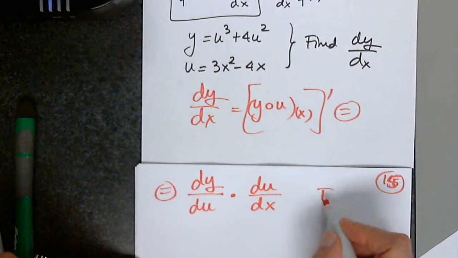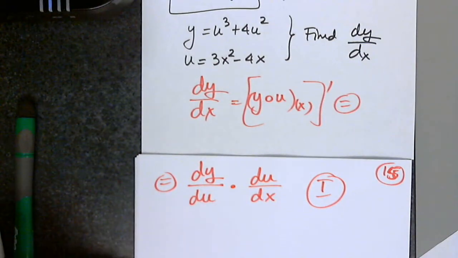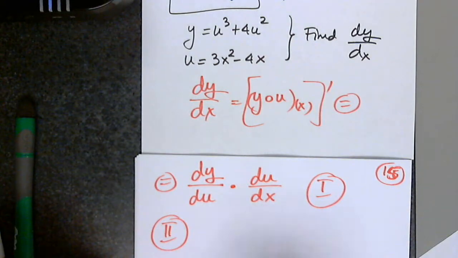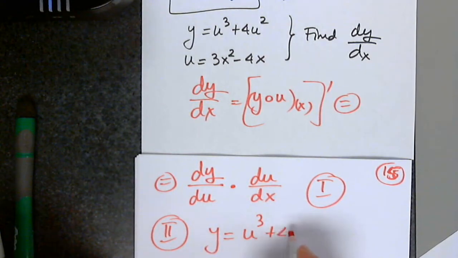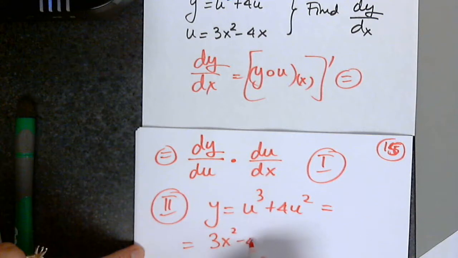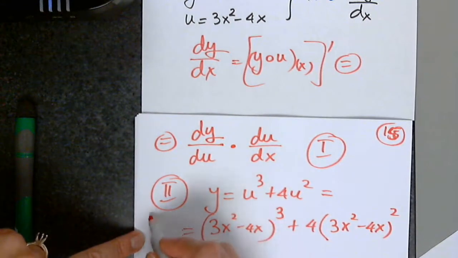So this is the first possible way. The second possible way would be to write y equals u to the third plus 4u squared, equals, I replace u by 3x squared minus 4x, and I raise it to the third, plus 4 times 3x squared minus 4x, raised to the second power. So this is my second way.